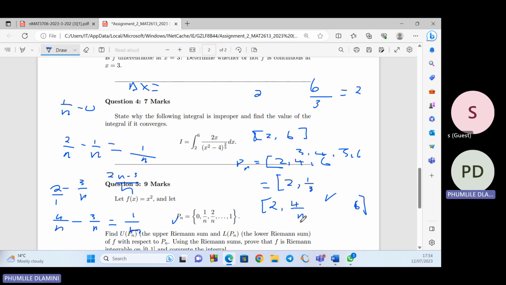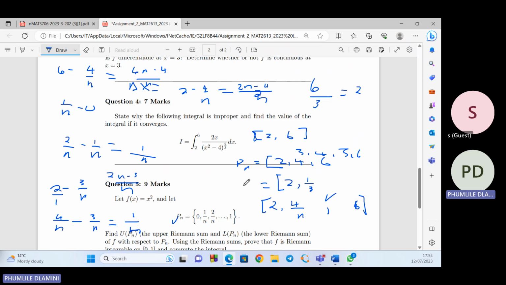So let's check what will happen if we are dividing it by 4 over n. If we say 2 minus 4 over n, this is going to be 2n minus 4 over n. Then what if I say 6 minus 4 over n? Then this is going to be 6n minus 4 over n. You can see that we are not really getting the same interval.